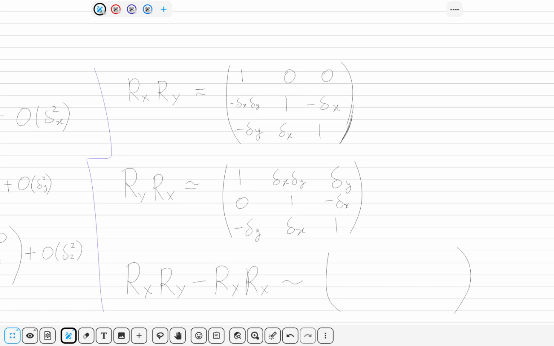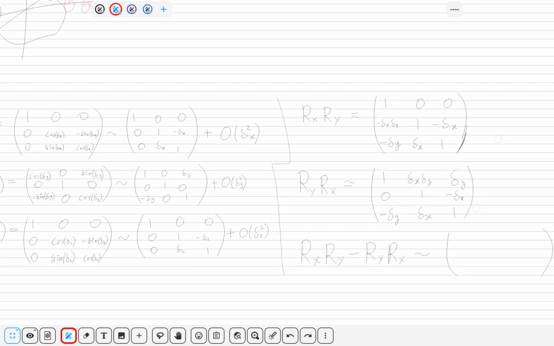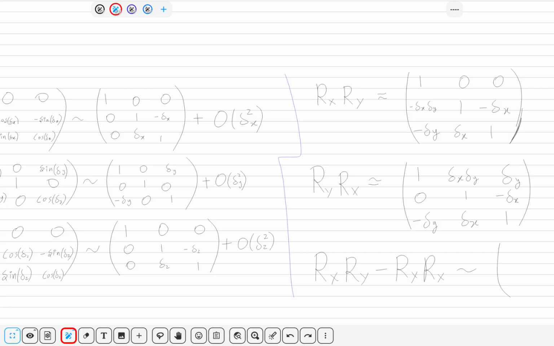I think there are two zeros here, so I don't know why there is one zero, but let me recheck. It shouldn't be the case. 0 1 0 0, yeah, it's perfect. But what happened here? 0 1.